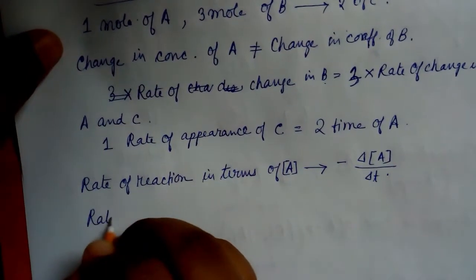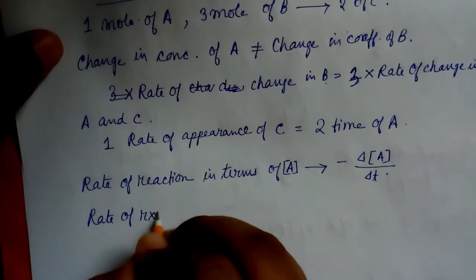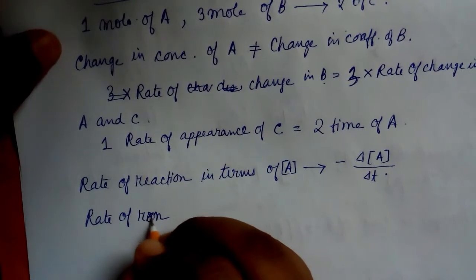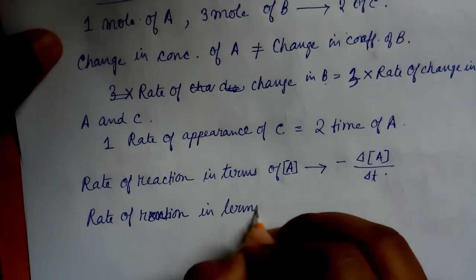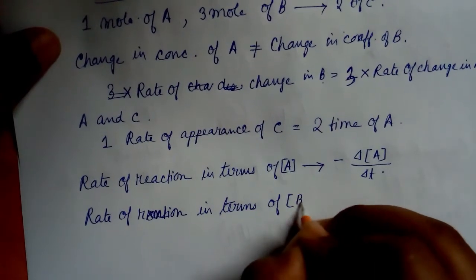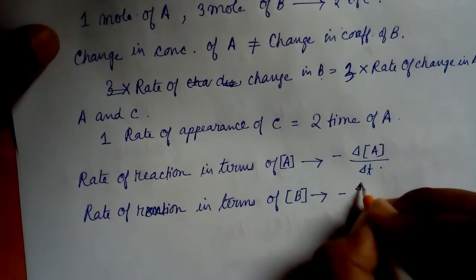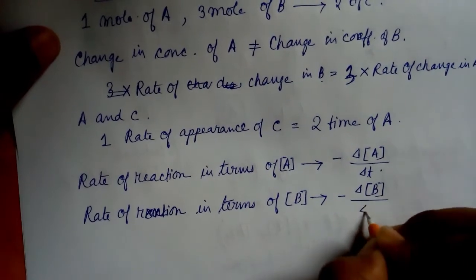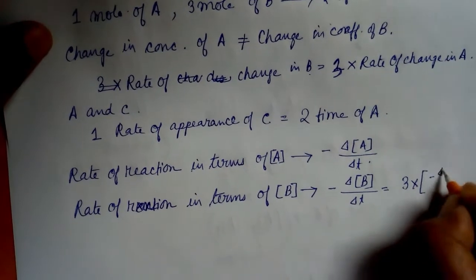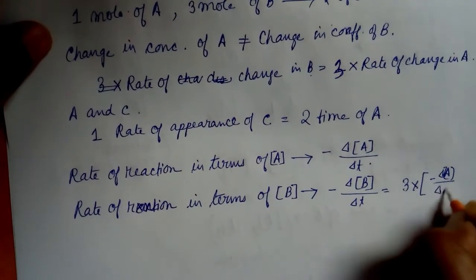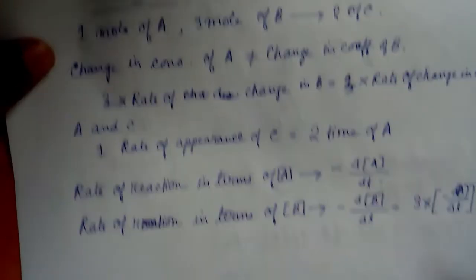In terms of B, it is minus delta B by delta t, which is 3 times minus delta A by delta t. Got this point now?